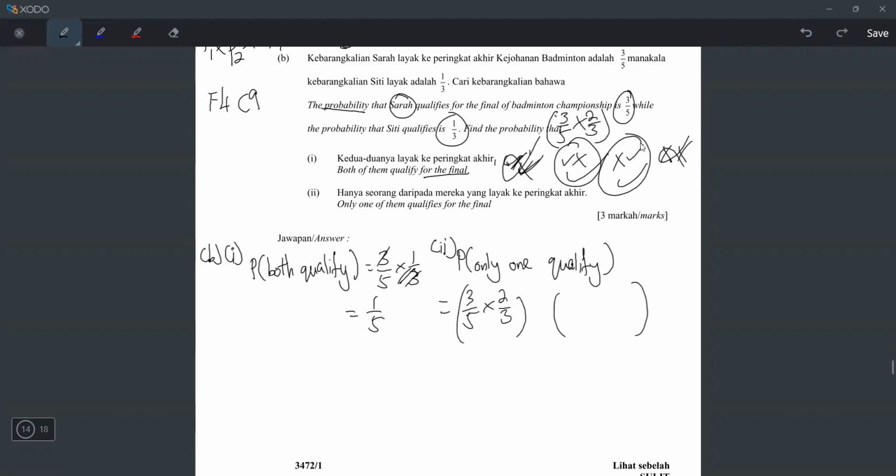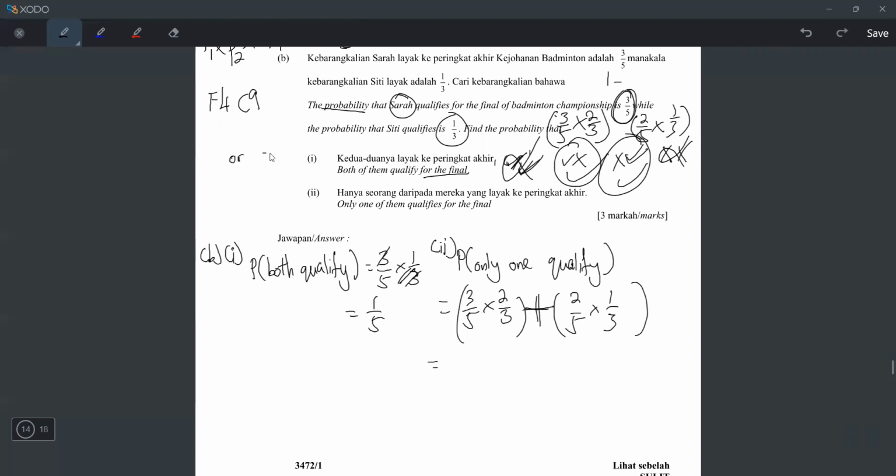But you have to do this also for the first person not qualifying. So Sarah not qualifying will be 2/5, which I get by taking 1 minus 3/5. And then the second person must qualify, so 1/3. So 2/5 times 1/3. But don't forget here is plus, because it's either this one or this one.